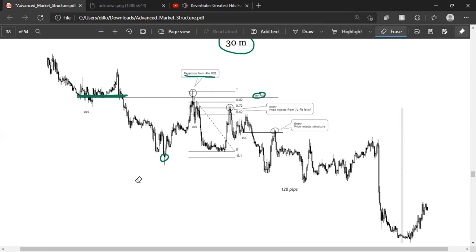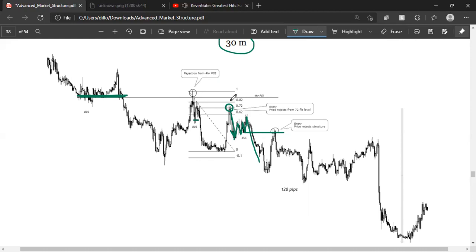So we see minor structure get broken, and there's not necessarily a clean entry, like a clean point of interest in this area, but we do see price reject from the 72 fib, and it has a little bullish retracement, and it breaks structure again.